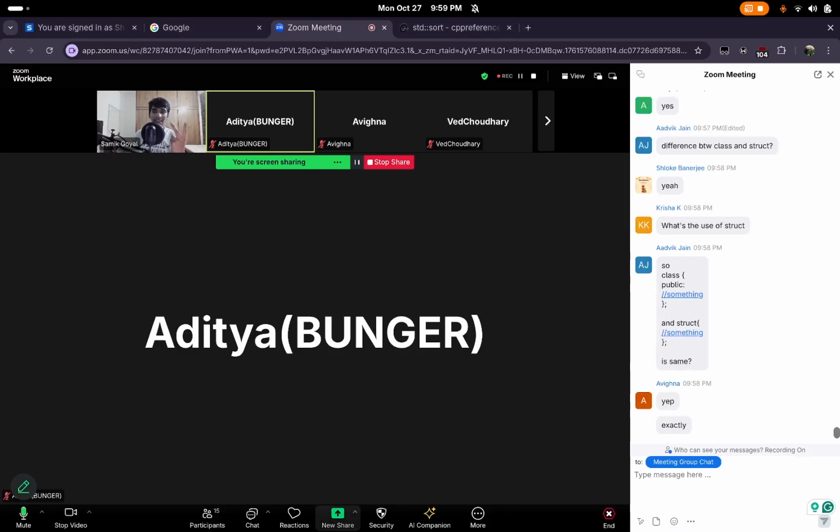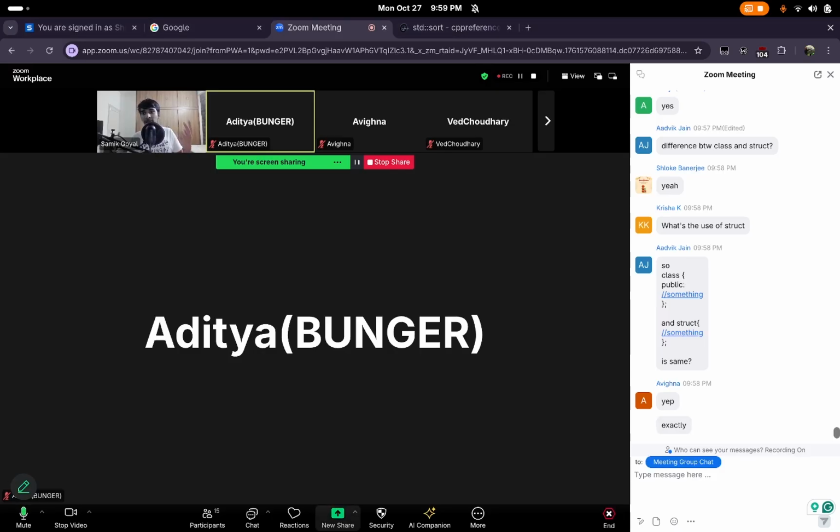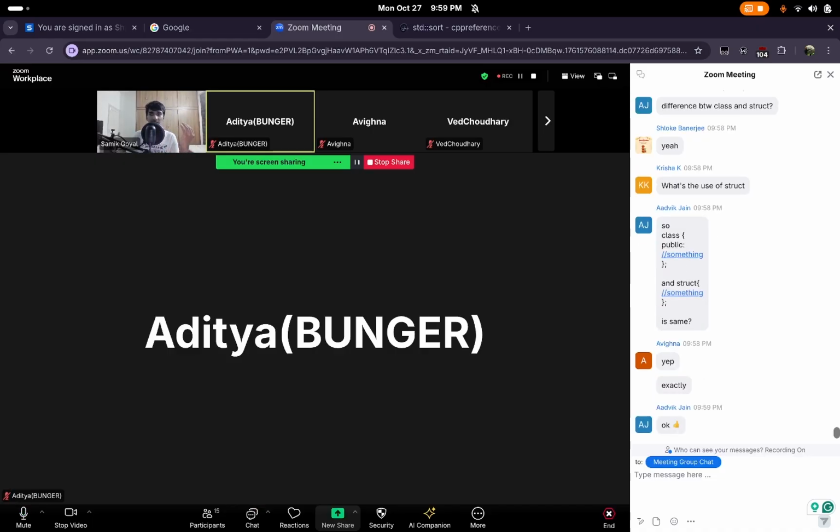Now I have 2 cars and both have their mileage. So you just have 2 cars with their mileage, year, and manufacturer. Set. It's a way to make code cleaner.